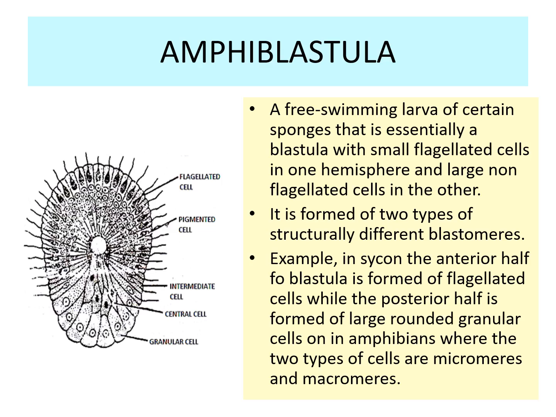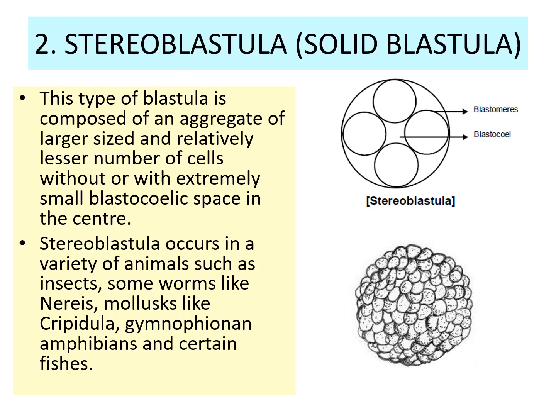The anterior half of the blastula is formed by flagellated cells, whereas the posterior half is formed by large rounded granular cells. So two types of cells, micromeres and macromeres, are present.